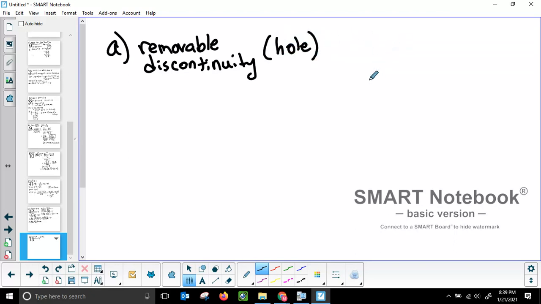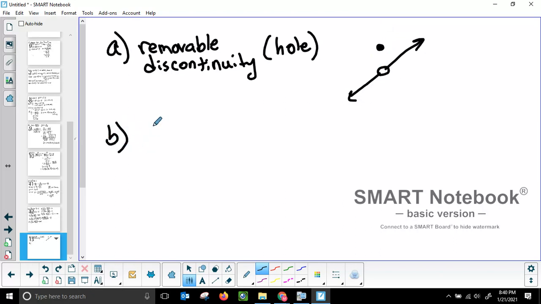So something like this. That's a removable discontinuity, where you literally just took a point out of the graph and moved it somewhere. That's why it's called removable.